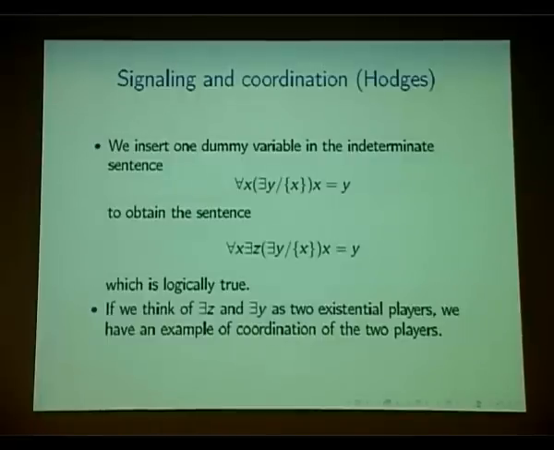And the coordination is quite simple, isn't it? The z sees the universal quantifier and just copies the value of x. Then y, the second existential player, even if he doesn't see the value of x, sees the value of his partner and copies that, and the existential team will manage to verify the identity.